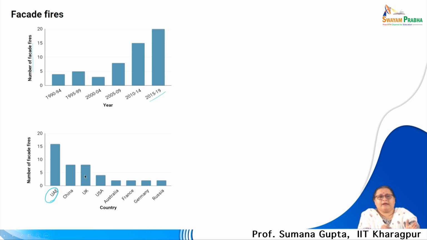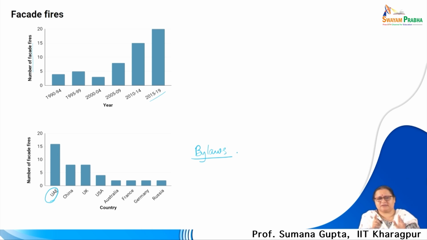UK. We see here that there are changes in the bylaws. Very strictly, the facade fire has been looked into, the curtain wall materials are looked into, and necessary changes in the bylaws on the material context have been brought in to reduce this fire. As you know, the countries under the UAE are all in a very hot zone.